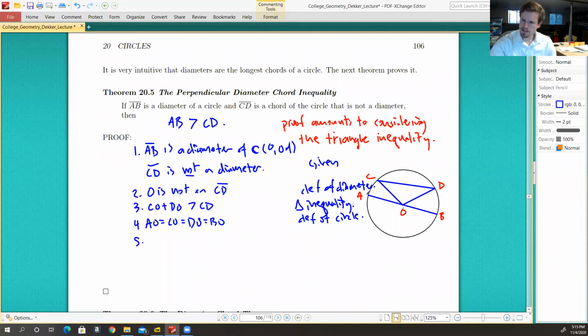And by the segment addition theorem, we have that AO plus BO is AB. Again, that's the segment addition theorem.